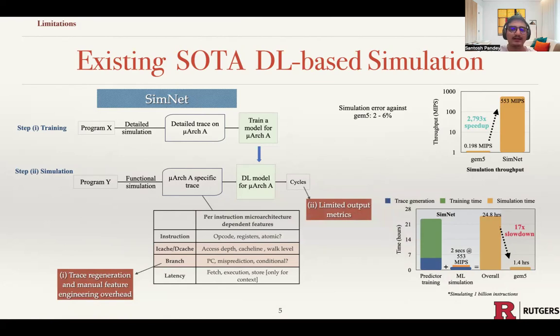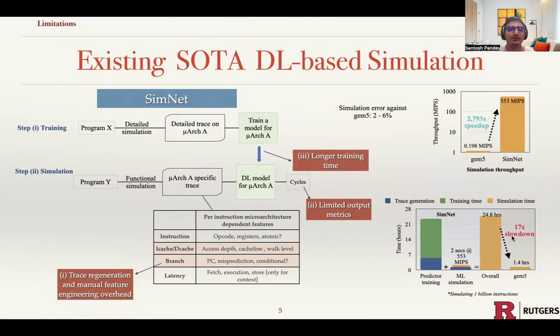With only cycles as an output metric, there is limited information that we can gain from simulation. The third one is longer training time. If we include the training and trace generation overhead, then the overall simulation would be 17 times slower than GEM5. So we also need to further improve that.